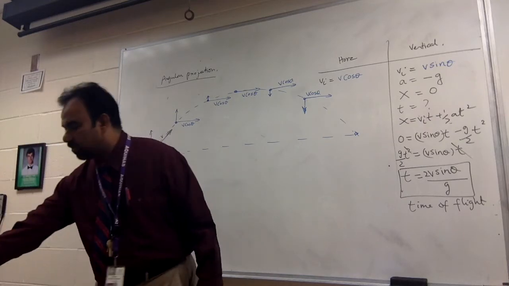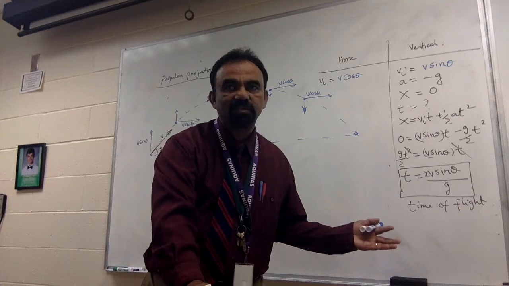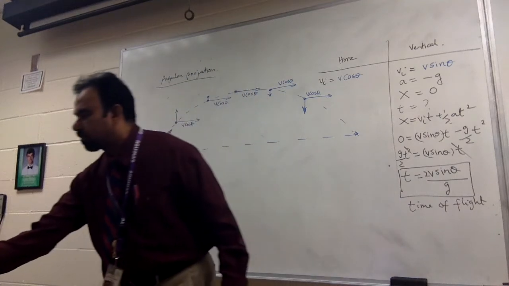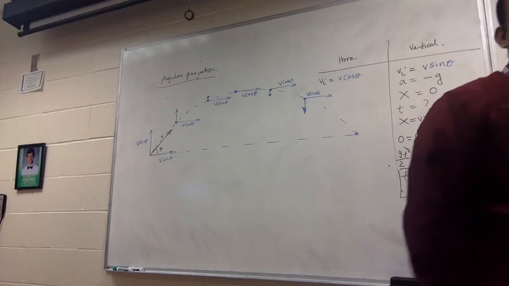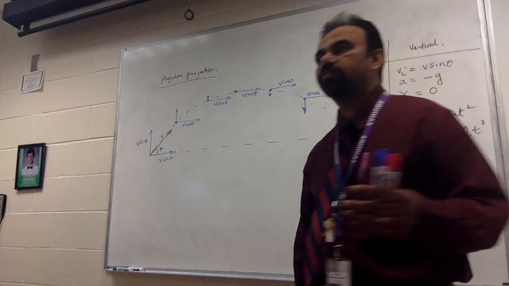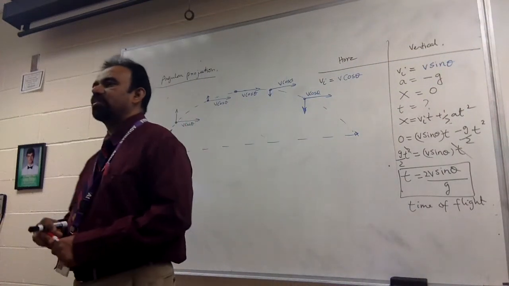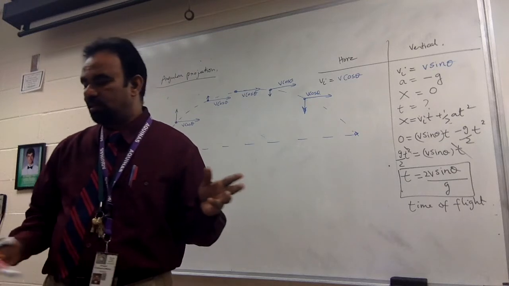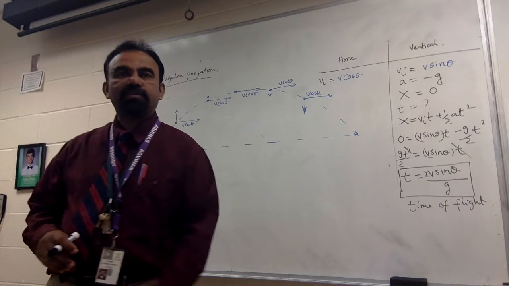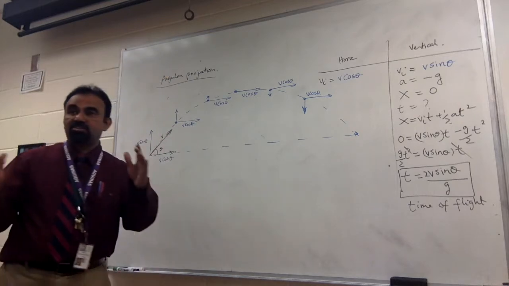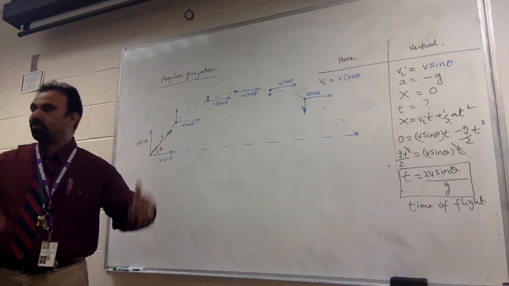If something is going from here to here, this equation works. What if it's projected from here and goes all the way to the floor? You can't use that equation anymore. So don't memorize any equation. It's not worth it. But understand how it is done, that's more worth it.